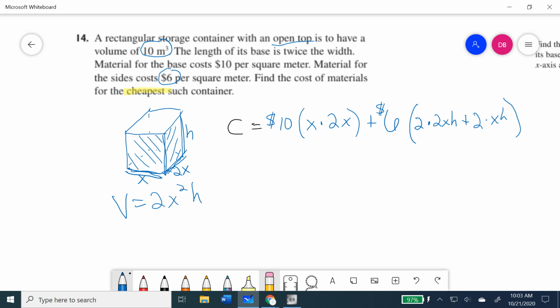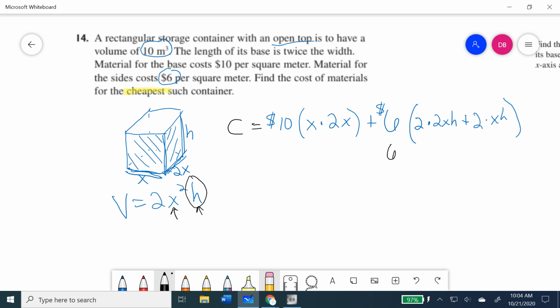And then I need to decide, do I want to isolate the x or the h? I'm going to assume that h is going to be a much better way to go. And then I only need to plug in to the h over here. And in fact, I might save time if I distribute the h out.